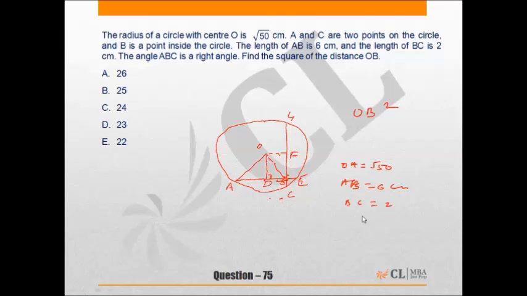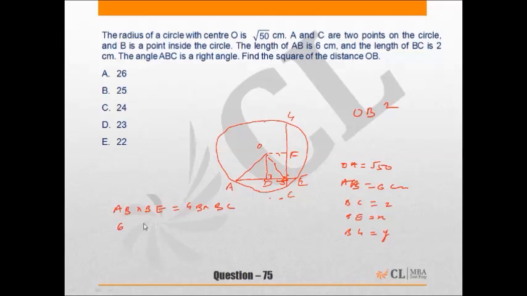Now let BE equal X and BG equal Y. Now by using the intersecting chord theorem, we get AB into BE equals GB into BC.